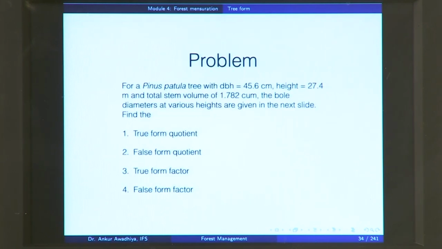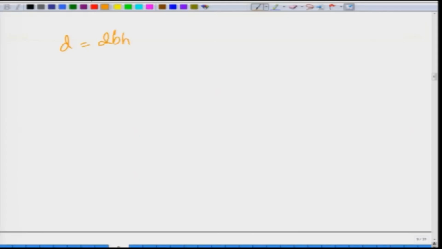So, let us now look at how we compute all of these in real life situations. So, this is the problem. For a Pinus patula tree, the diameter at breast height is equal to 45.6 centimeters. So, we have D or dBH given by 45.6 centimeters.